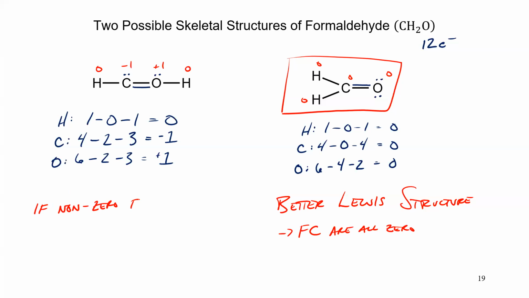And so if we have to have non-zero formal charges, the negative or the most negative formal charge should be on the most electronegative atom.